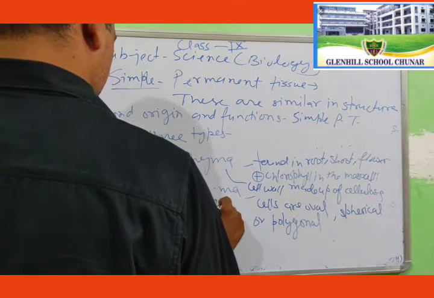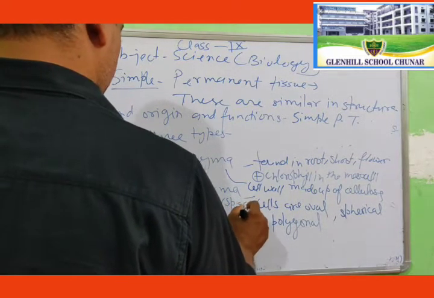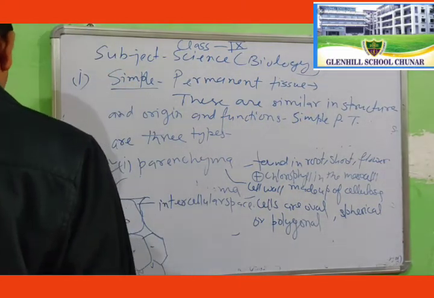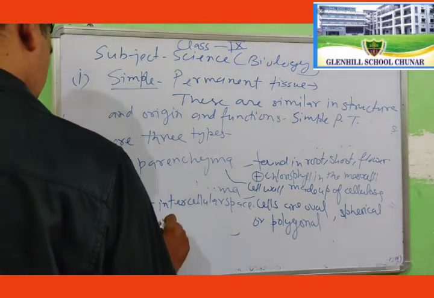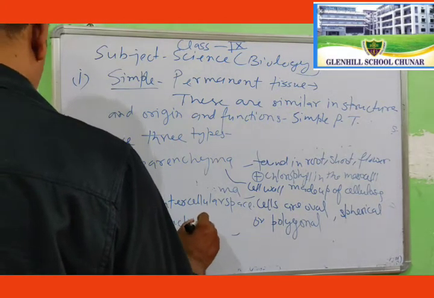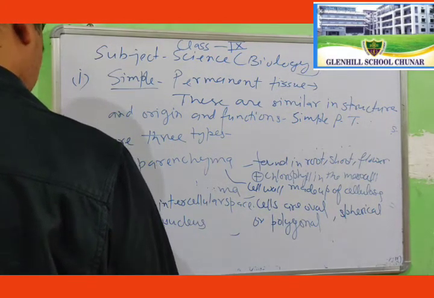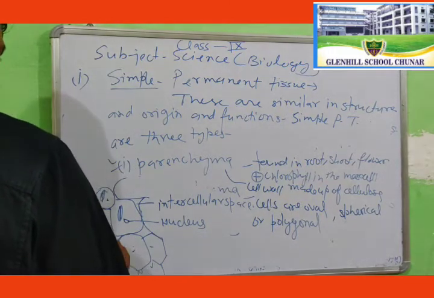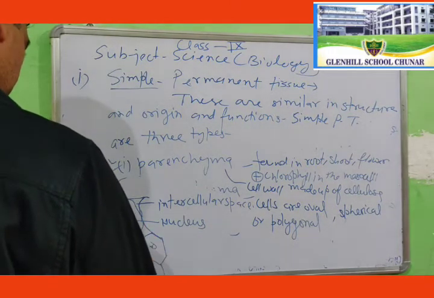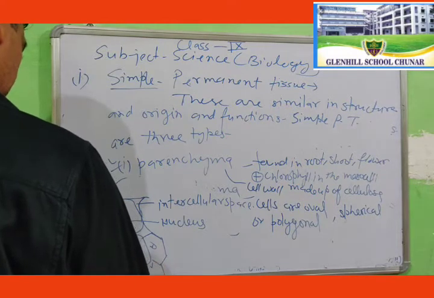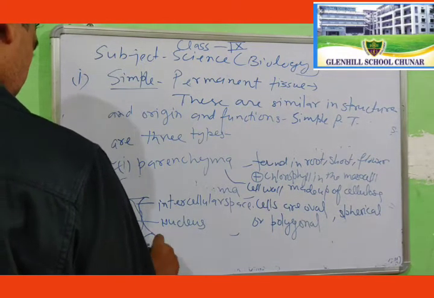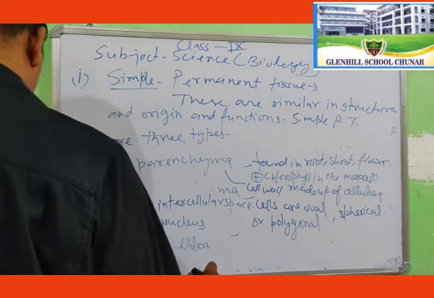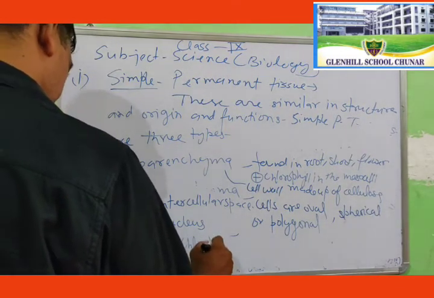Intercellular space are found in parenchymal tissue. This is the nucleus. All cells have chloroplast, nucleus, chloroplast.